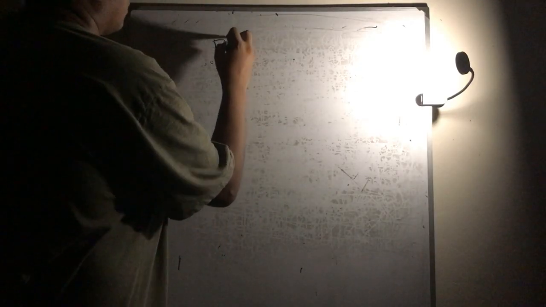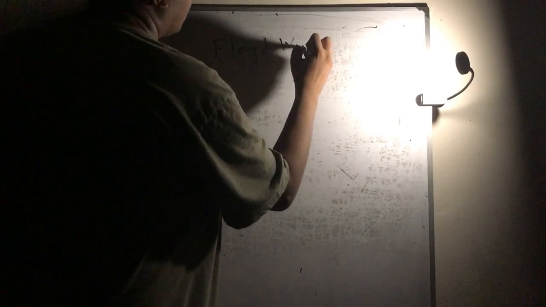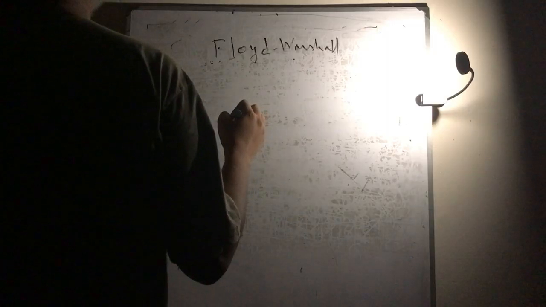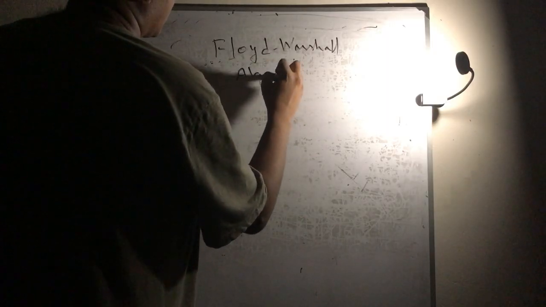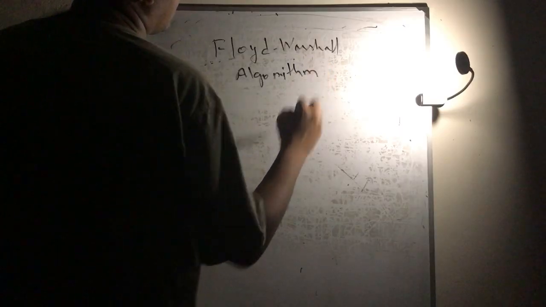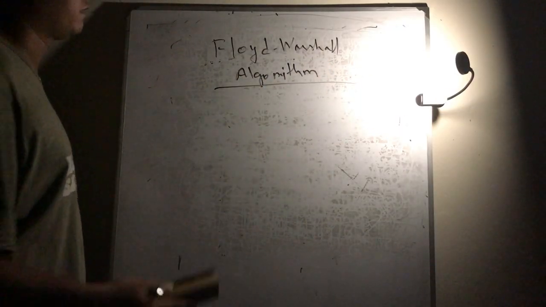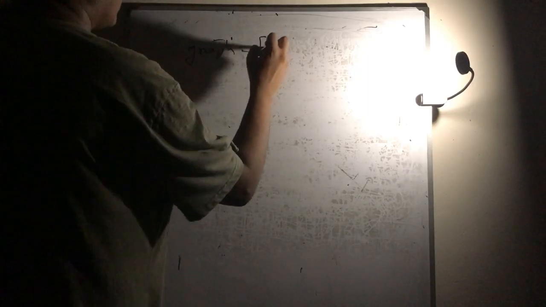We use the Floyd-Warshall algorithm for finding the transitive closure of a graph. So this is a graph given. Let's write it.